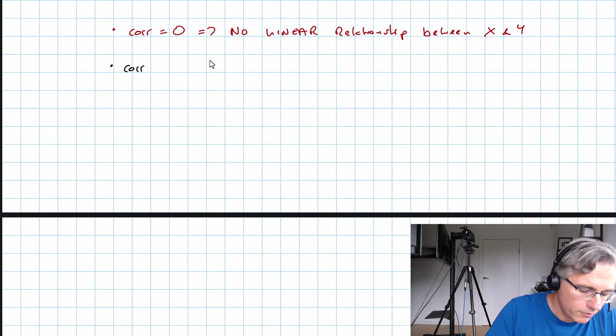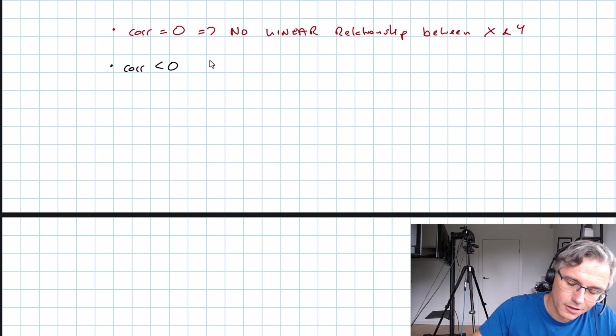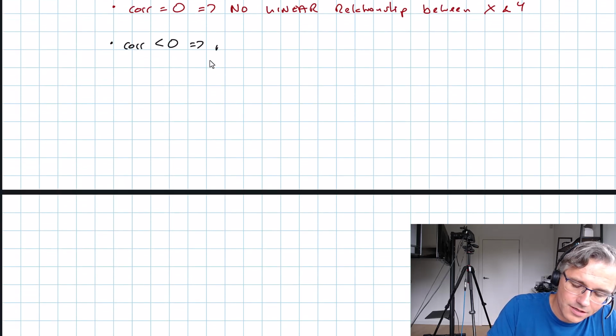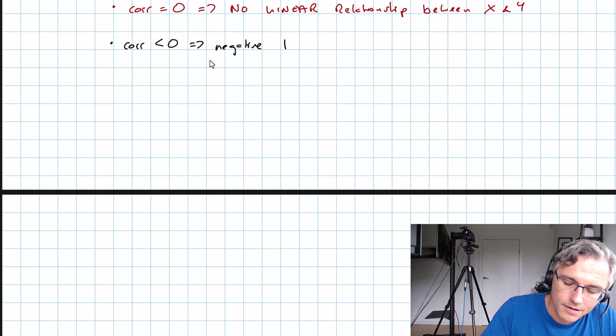If you've got correlation that's negative, like we've got over here, minus 0.97, that suggests a negative linear relationship. Once again, between x and y.